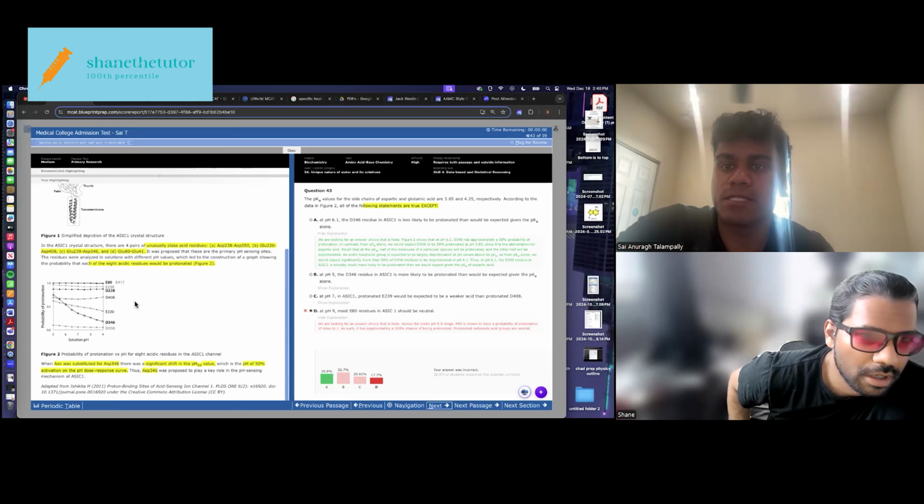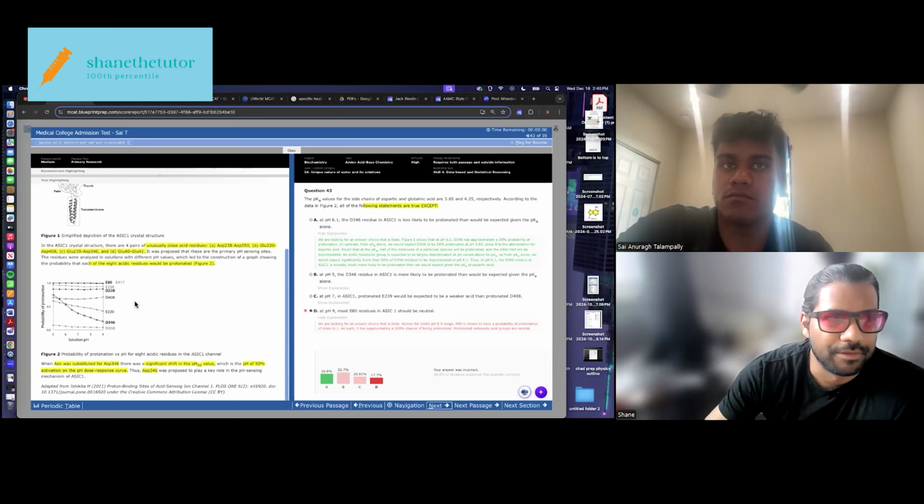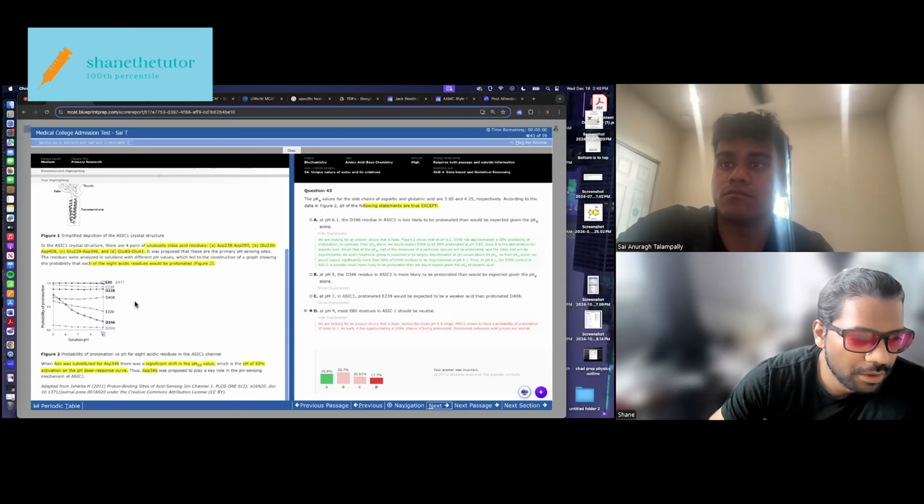Let's start at D. D says at pH 9, most E80 residues would be neutral. That can't be right. The probability is 100% for E80 to be protonated at a pH of 9, right?